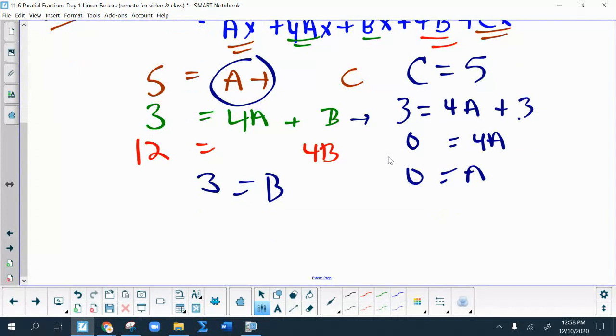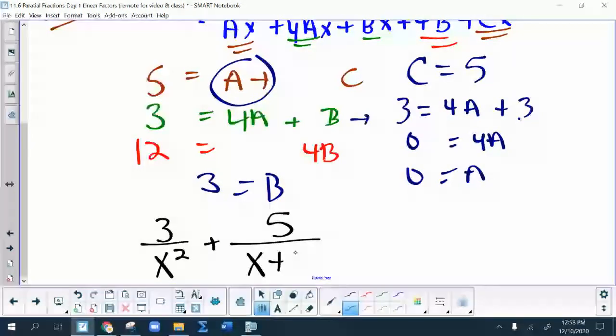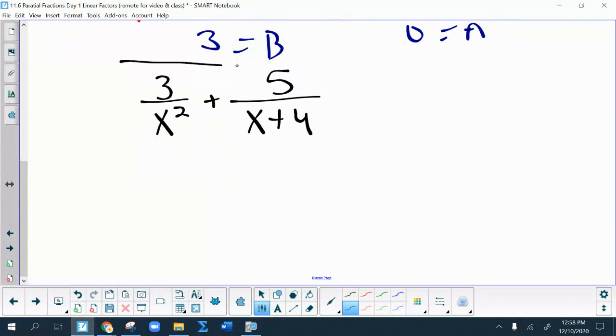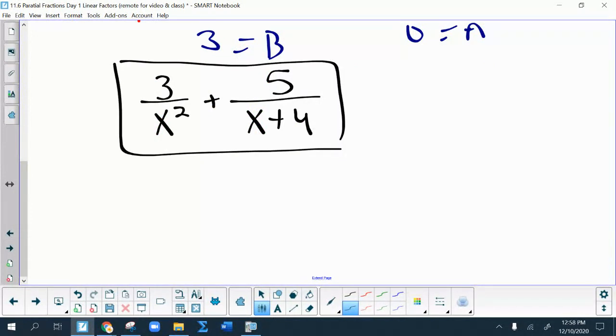Okay, so for this problem, that means I had no 1 over x term. I didn't have anything for just the x in the denominator. So I end up with 3 over x squared plus 5 over x plus 4. So this problem did not have anything for that first fraction.